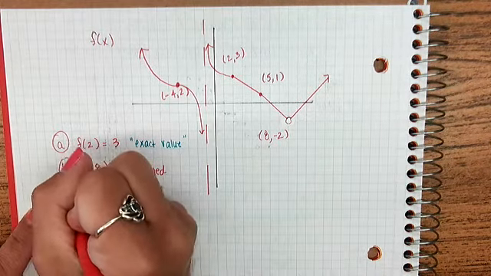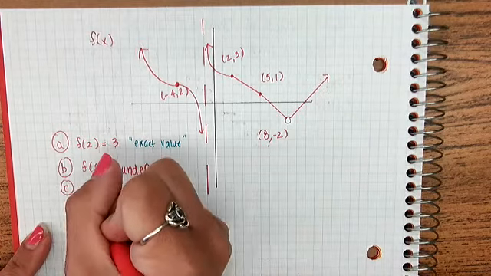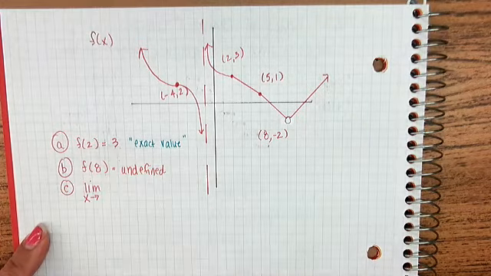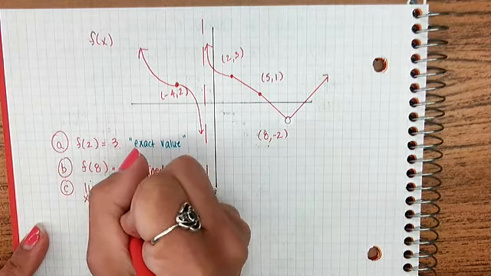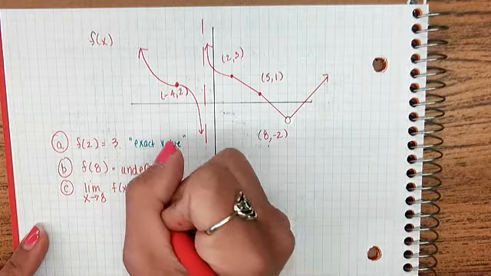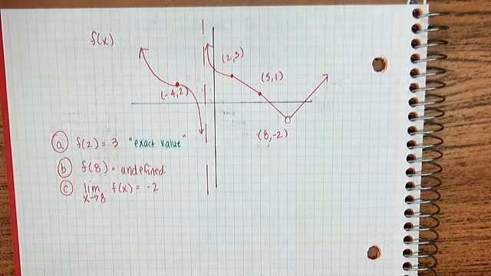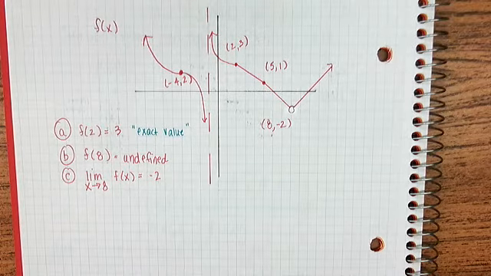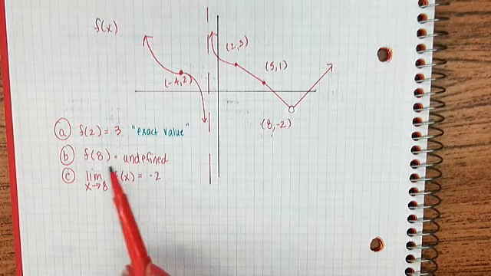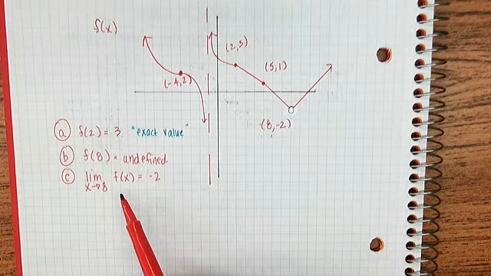So the limit exists even though the exact value is undefined. That would be written as the limit as x approaches 8 of the function is -2. You can approach a limit, you don't have to touch it. For an exact value, you have to touch it. So this is what I was saying in the definition, that it may or may not equal. So undefined, but I can approach it.